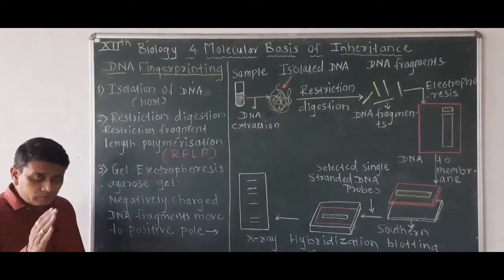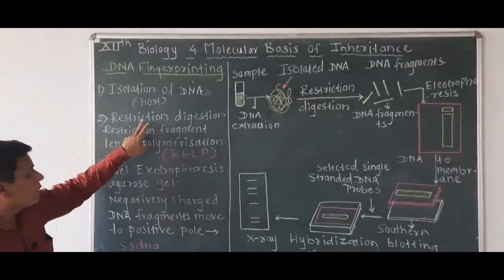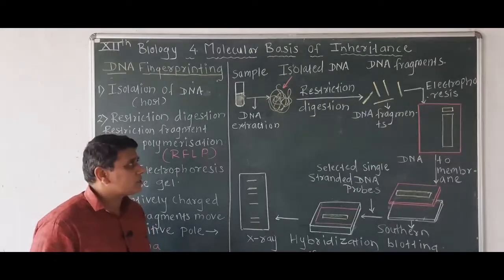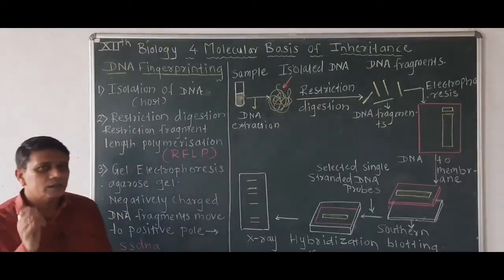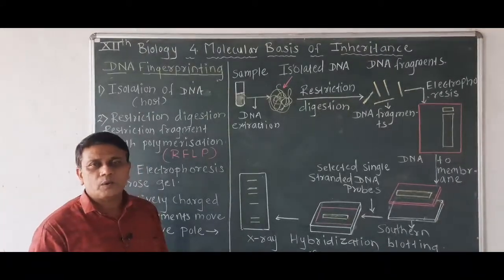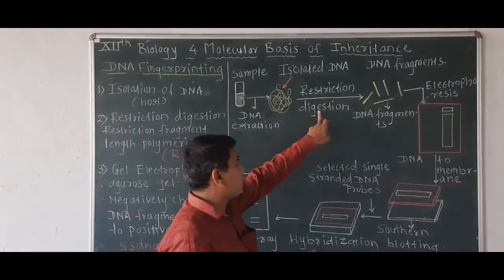Then in this isolated DNA, restriction digestion is carried out. Restriction digestion means the DNA is cut into small fragments with the help of an enzyme called restriction enzyme. So here we can see restriction digestion.